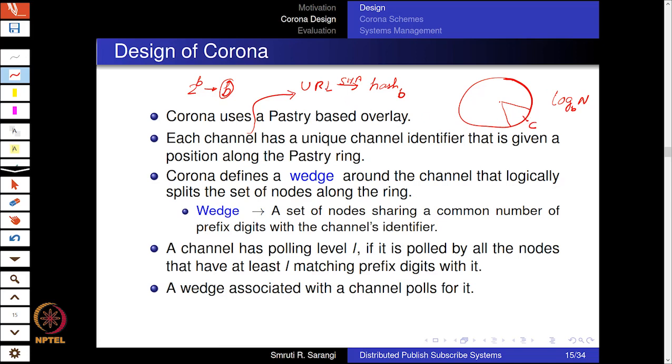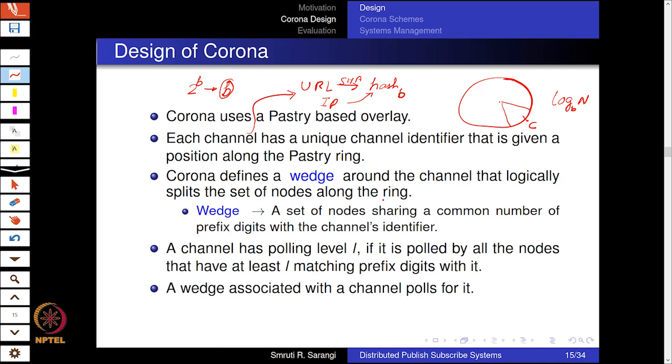The channel's URL is hashed and mapped to the ring, and for the nodes, the IP address is hashed and mapped to the ring. So once all the nodes and channels find a place on the ring, we can define a wedge, where a wedge is defined as a set of nodes that share a common number of prefix digits with the channel's identifier.